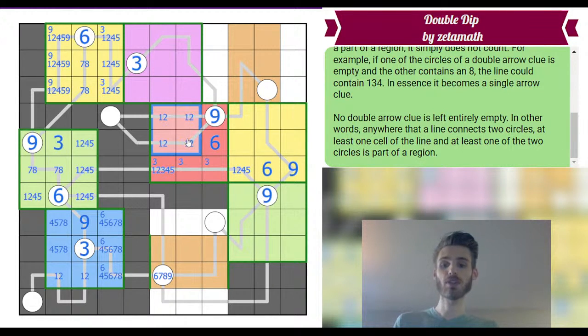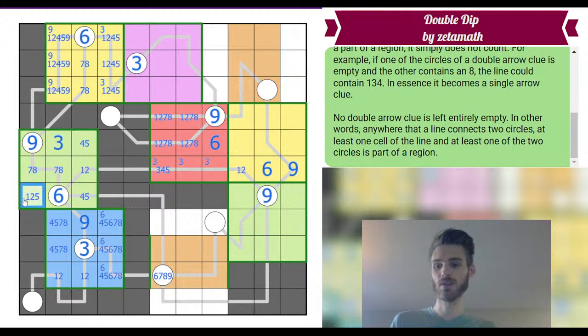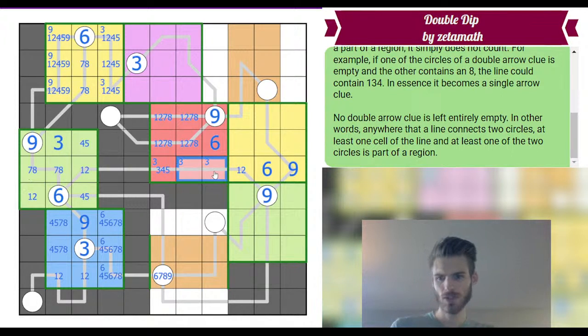So what I said before, that this is not a 1-2 pair because I miscalculated, it actually is a 1-2 pair. Absolutely is a 1-2 pair. Which means that this is 3, 4, 5.